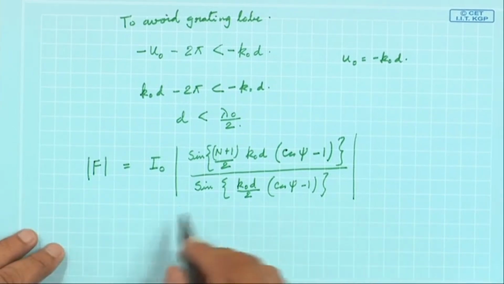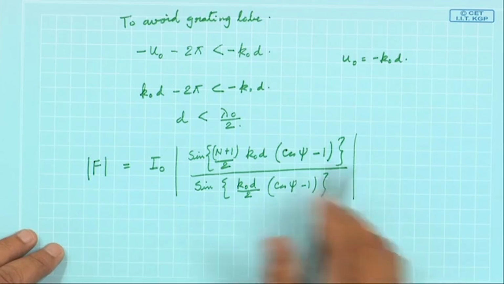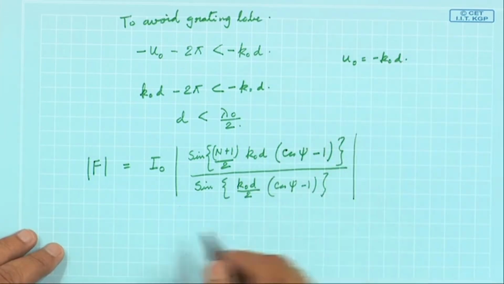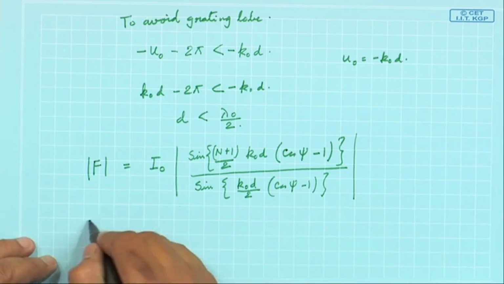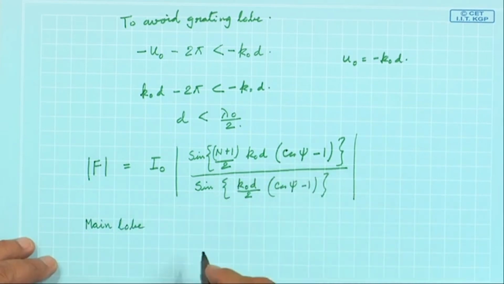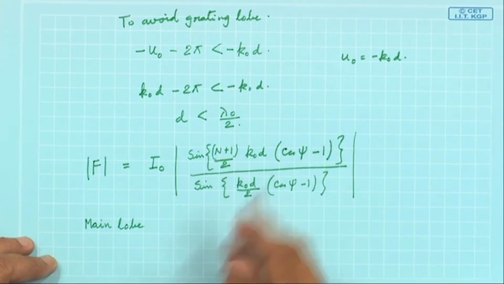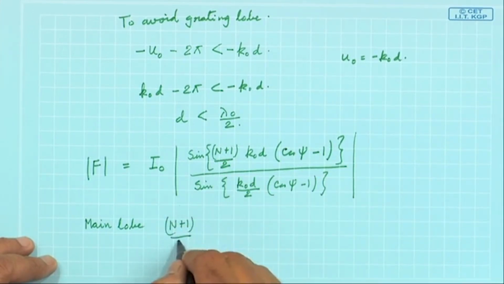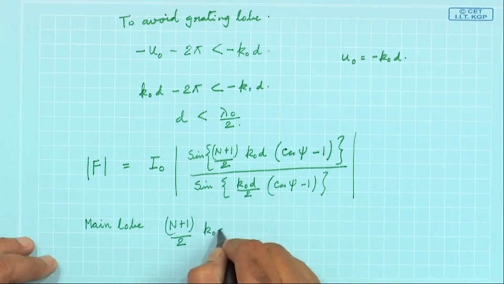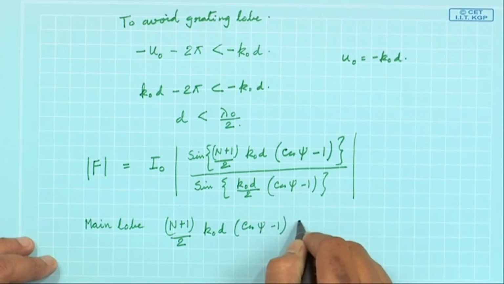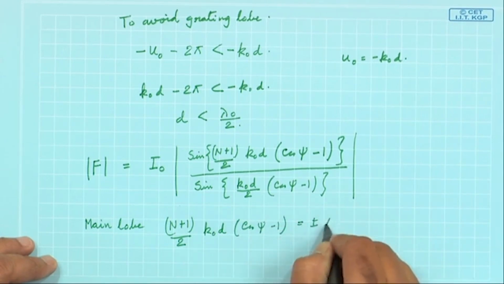So, where is the main lobe? We have already seen where the maxima occurs. Now, where does the main lobe null occur? Obviously, when this argument will be plus minus pi, that means n plus 1 by 2 k naught d cos phi minus 1 will be plus minus pi.